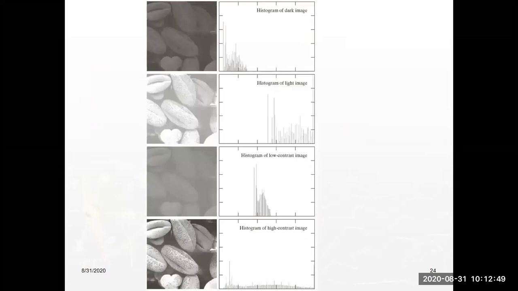Here I am showing some different images: a dark image and a light, white image, and the third one is low contrast and the fourth one is high contrast.